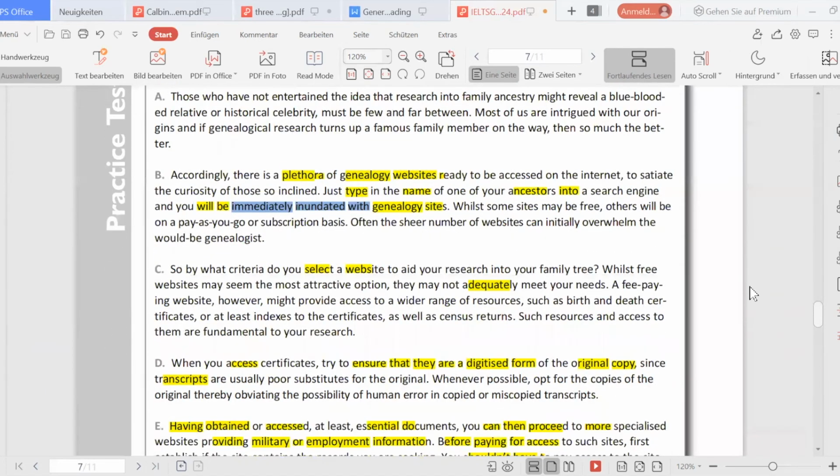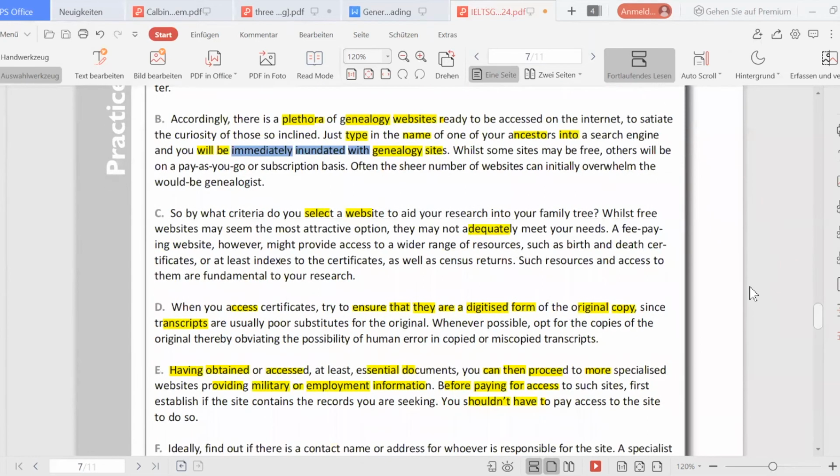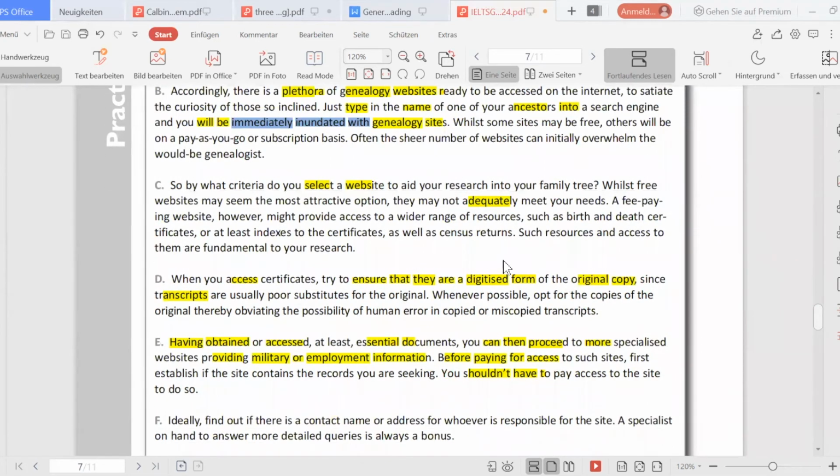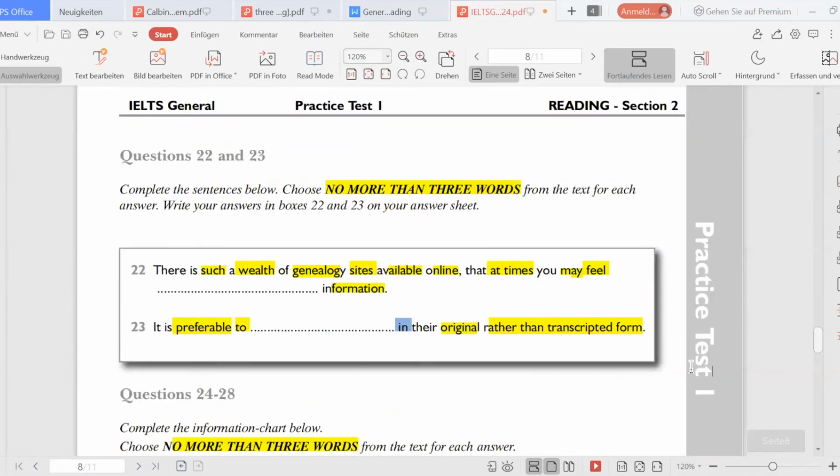So you want to scan and scan and scan, and indeed you come across the word "original." So if you don't see any other keywords, you can see the word original, all right? And then you can also see here "transcript." Remember we got the words transcripted form, we've got original. Okay, so what is this talking about? We found 2 very important keywords, so we stay there in that sentence and then we go to "preferable to."